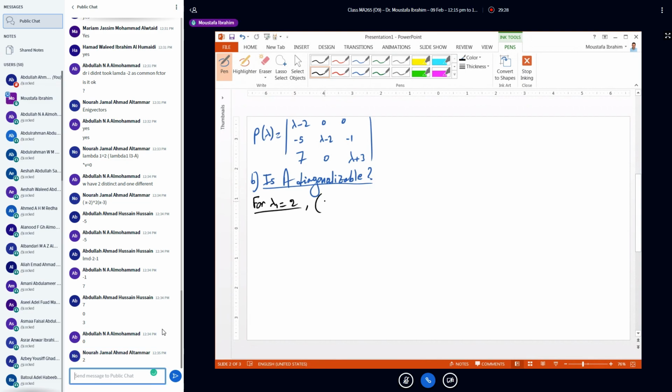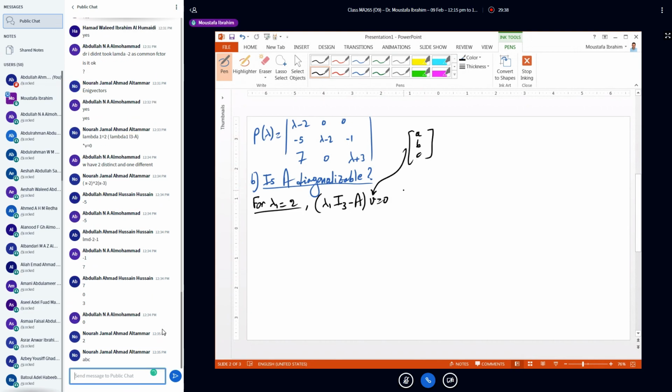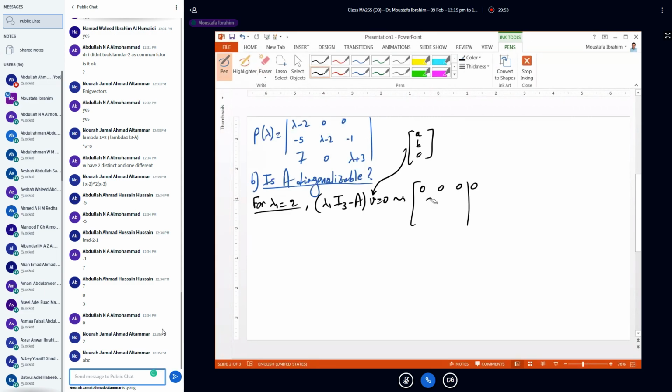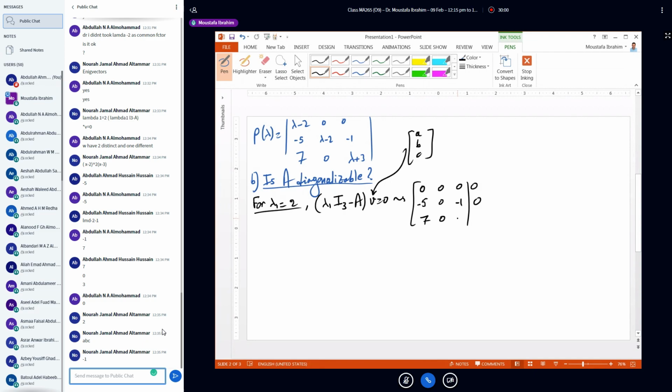We solve lambda 1 I3 minus A times V equals 0. So here it's A, B, and C. If lambda equals 2, you get 0, 0, 0, 0, negative 5, 0, negative 1, 0, 7, 0, 5.